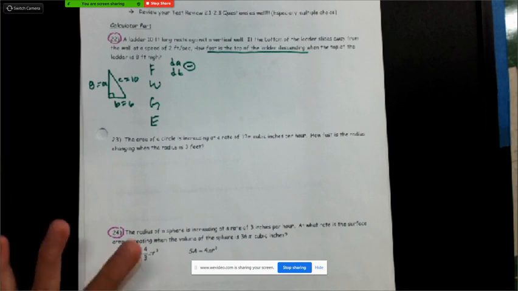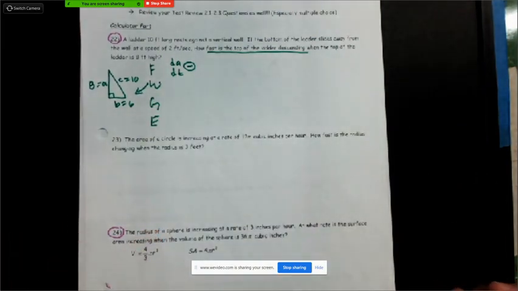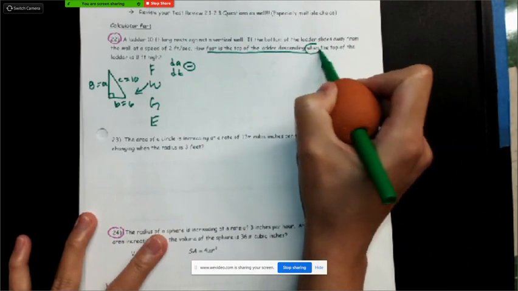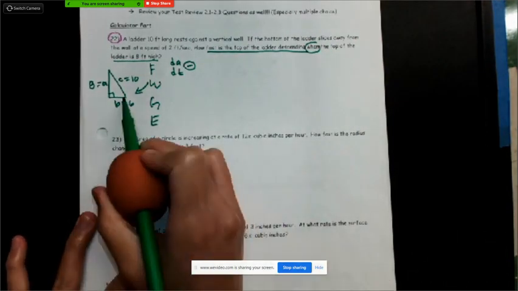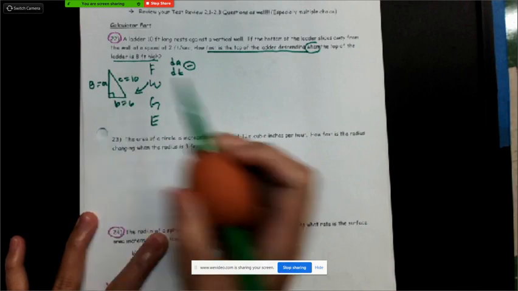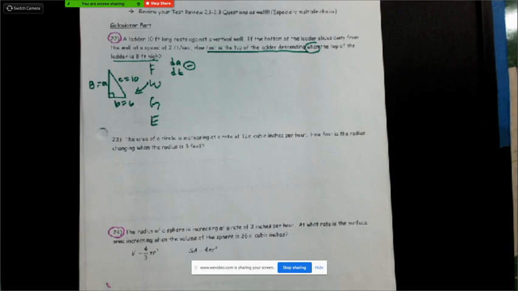So from there, the when, I'm going to write out all of this or draw the arrow. It says when the top of the ladder is 8 feet high. So that was given to us. So are we okay if I just draw the arrow to the picture? And then the given rate. It says the ladder is sliding away from the wall at the speed of 2 feet per second.